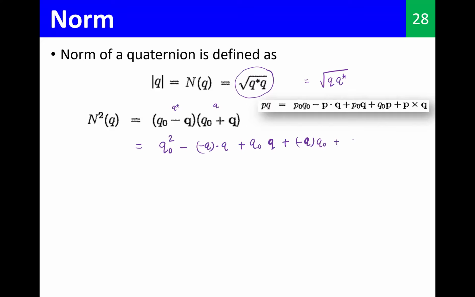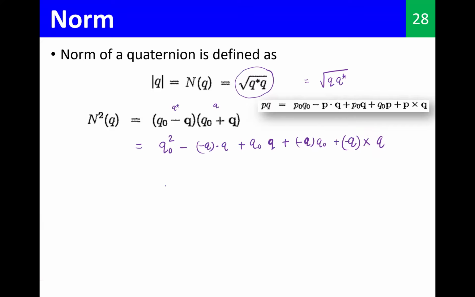And finally I have q minus q cross q. I just substituted the values here, so you can see these two terms disappear. And what about this one? These are parallel vectors, and if you take the cross product of parallel vectors, that would also disappear.